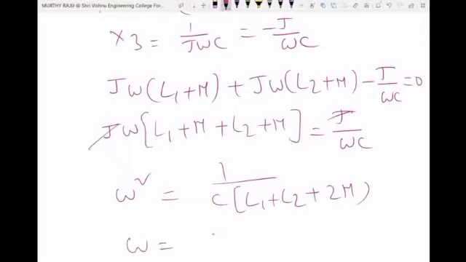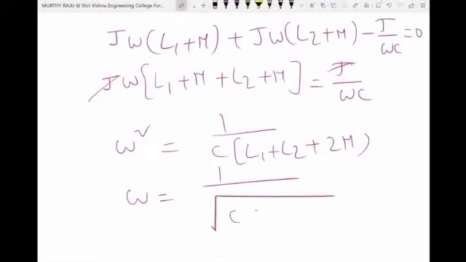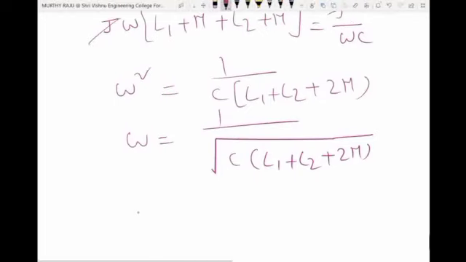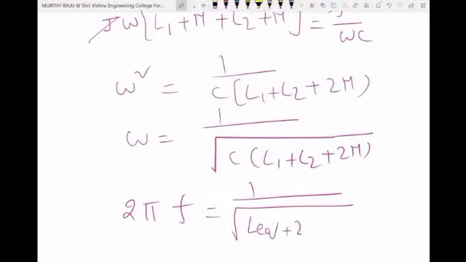Omega is equal to 1 by square root of C into L1 plus L2 plus 2M. Here omega is equal to 2 pi f, 1 by square root of L1 plus L2 is L equivalent plus 2M into C.